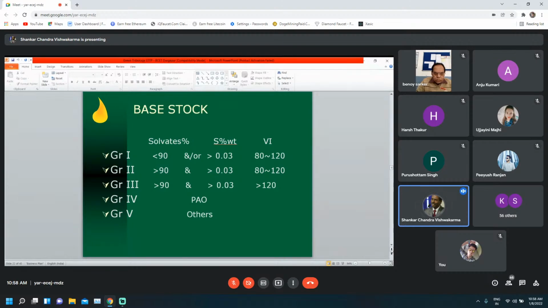When we talk about the base stock, we are looking for different properties of the base stock, and those properties are viscosity index, pour point, then fire point in some cases, solvency, oxidation stability is also very important, and then toxicity, because in no case should the base stock be toxic in nature. We are talking about green tribology.